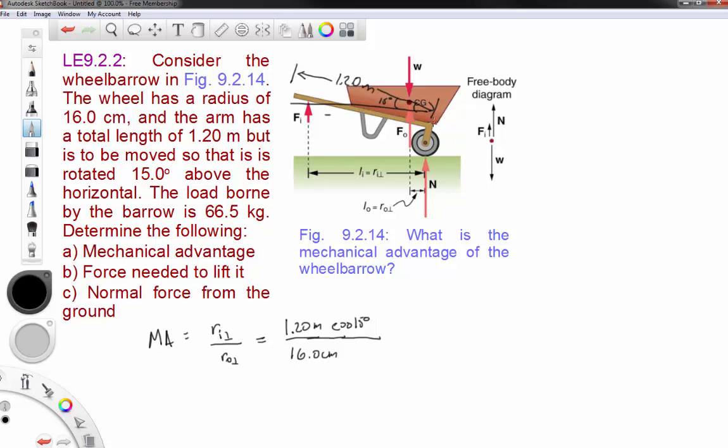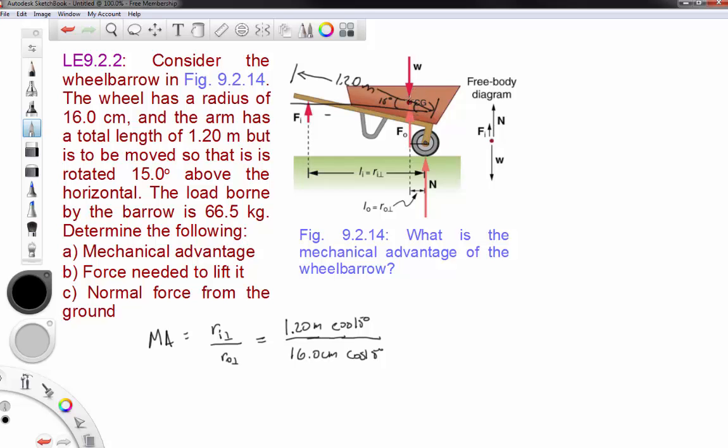And in fact, you could basically notice that as you rotate this, the center of gravity is going to rotate along with this handle. So as long as you keep some consistency, cosine theta can go on top and bottom. As long as you're consistent with that, you've got a perpendicular distance here.